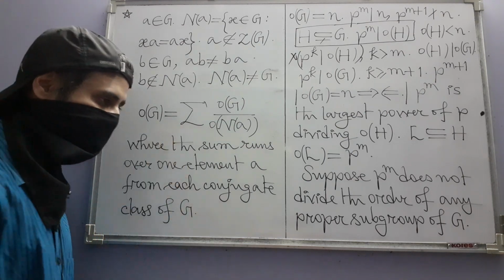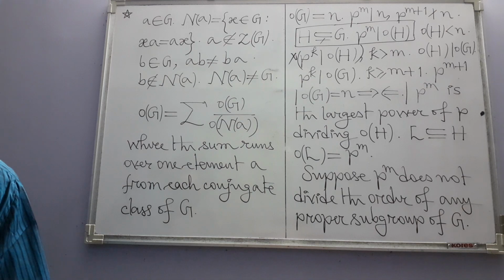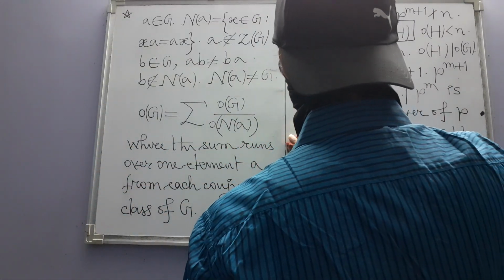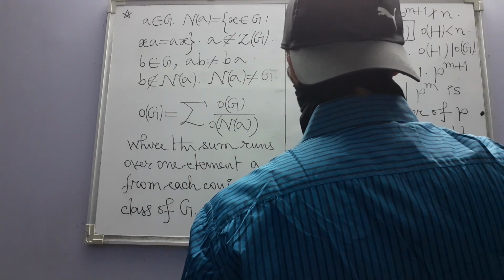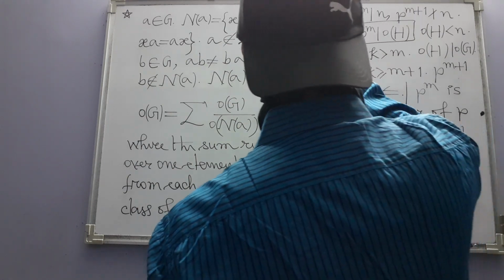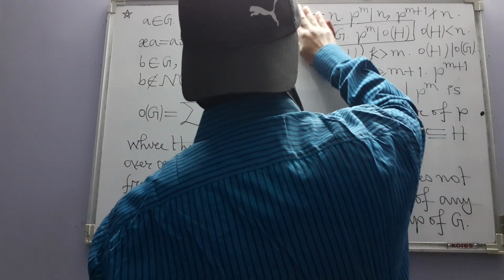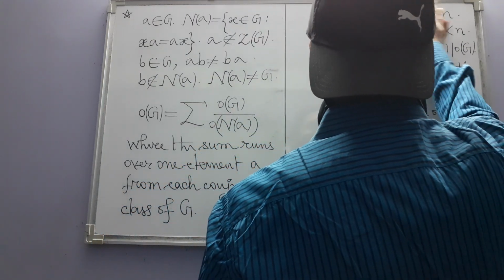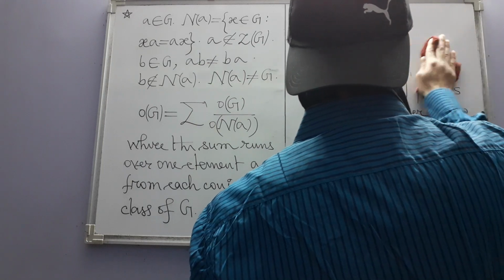More rigorously, this is what it means. And in trying to write this equation more rigorously, we are also going to recall what these numbers are, that is, the order of G divided by the order of NA.